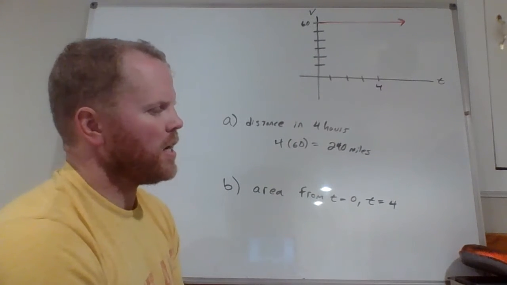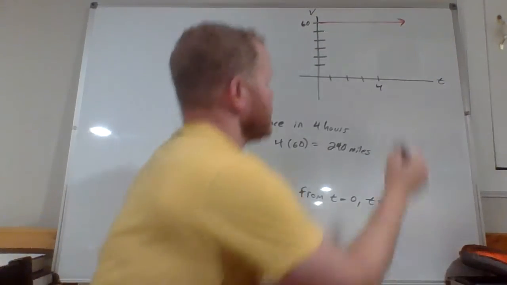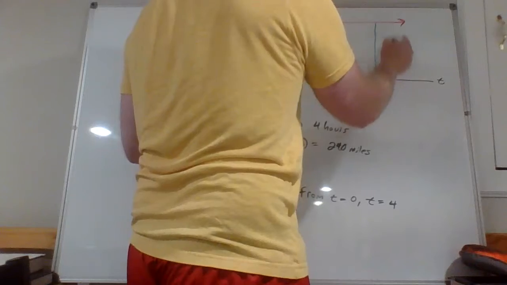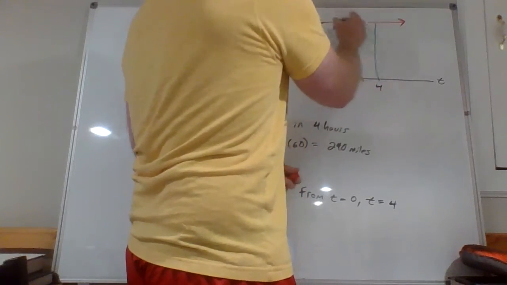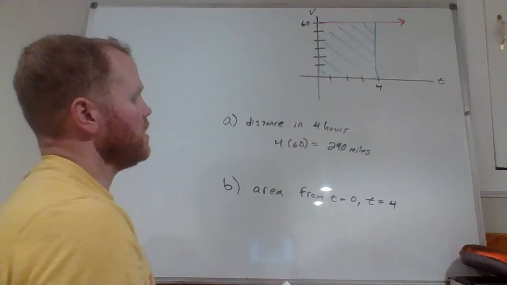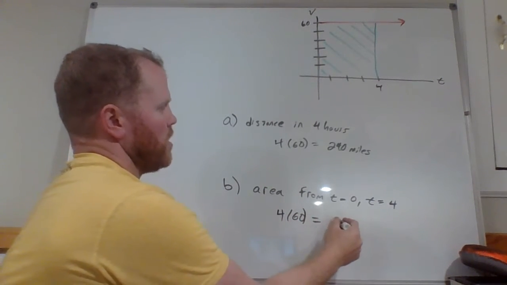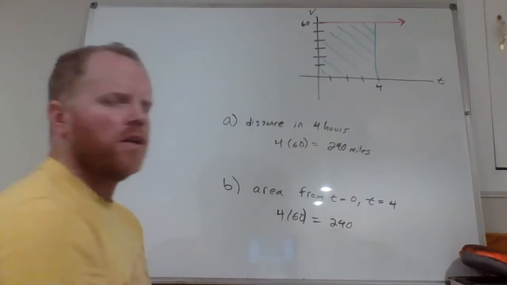Whereas part B asks you, what is the area between this graph and the x-axis? That is a big giant rectangle. And that rectangle is 4 wide and 60 tall, so 4 times 60 is 240.